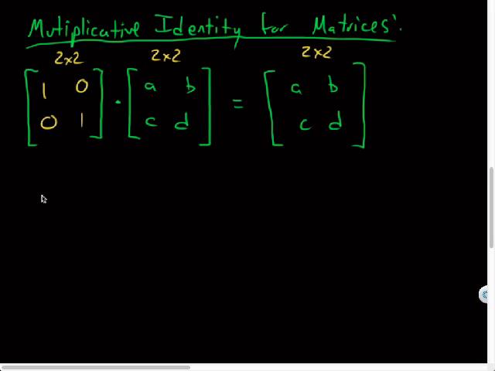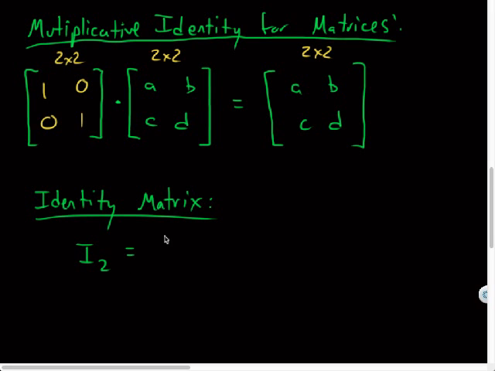So it turns out the identity matrix. All right. And when someone refers to the identity matrix, they are referring to the multiplicative identity. But if I refer to I2, I'm referring to the 2 by 2 identity matrix, which is 1, 0, 0, 1.